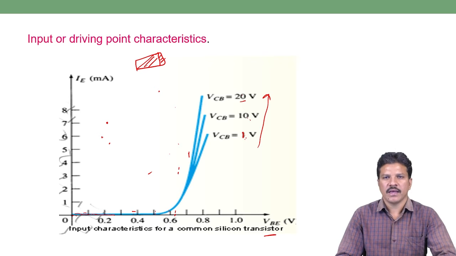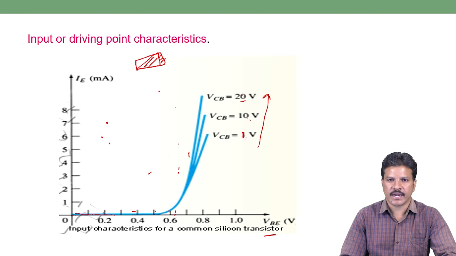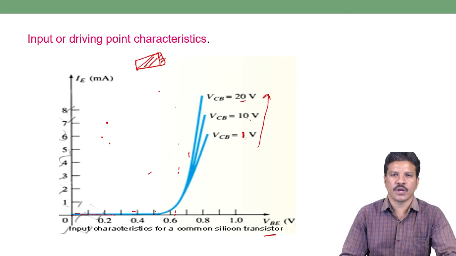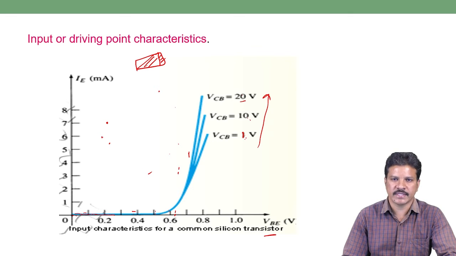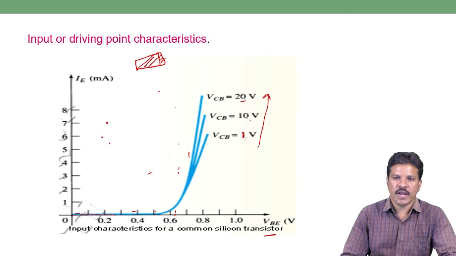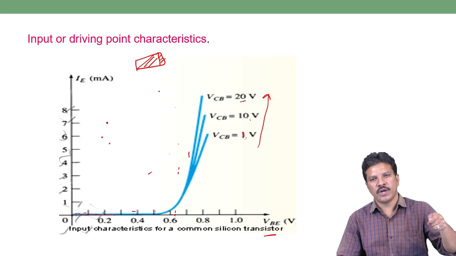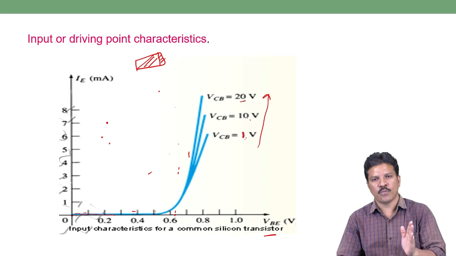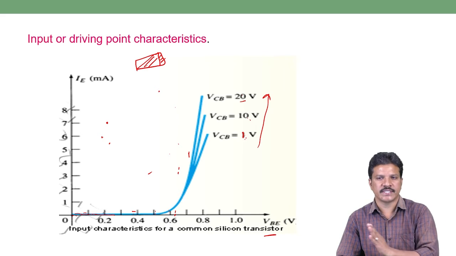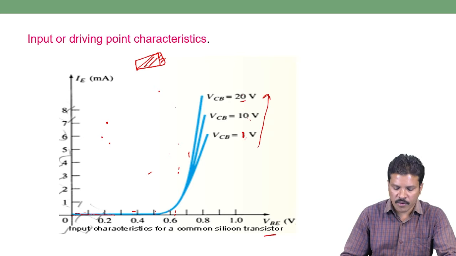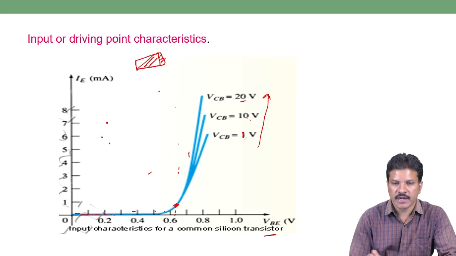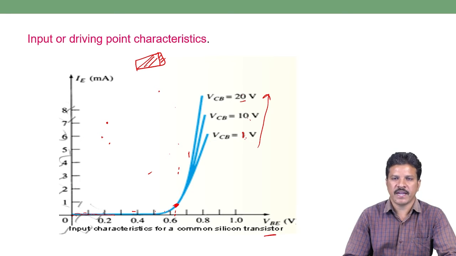And what are the outcome points from this input characteristic? The most important outcome is when the transistor gets on. By keeping the output voltage constant and varying the input voltage in suitable steps from 0.1, 0.2, 0.3 and 0.4, 0.6 like that, at a certain point current starts in the transistor. That is called the cut-in voltage, or VB cut-in voltage.